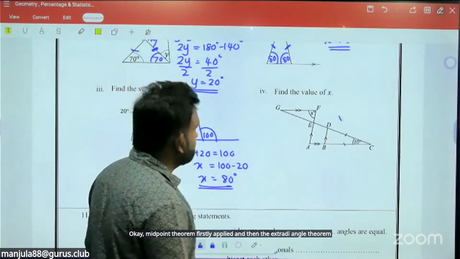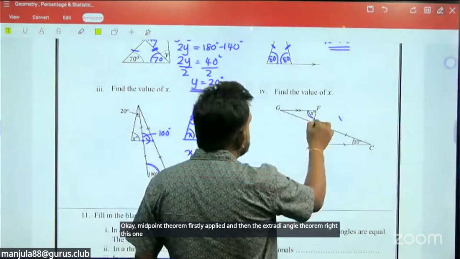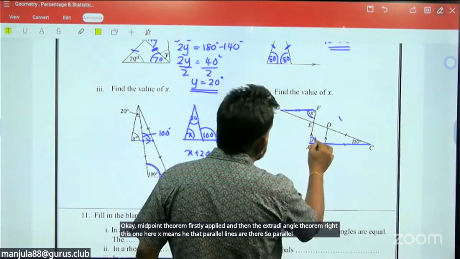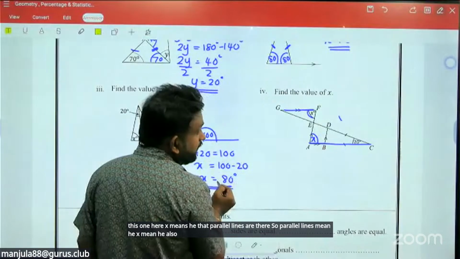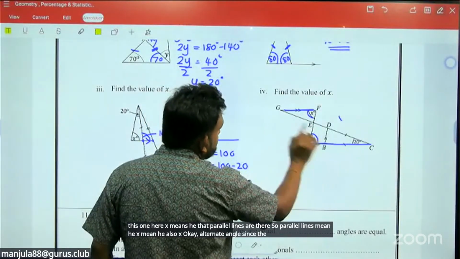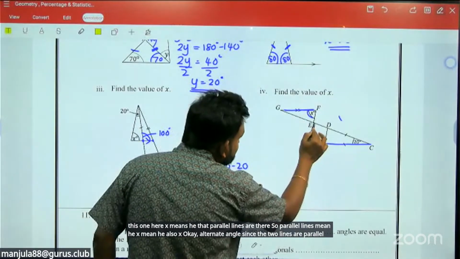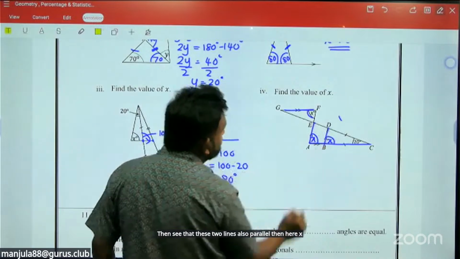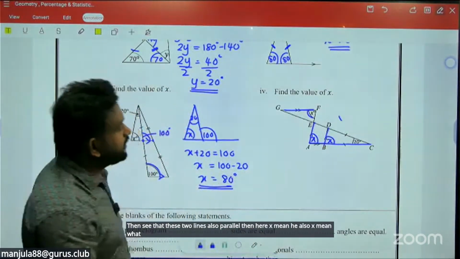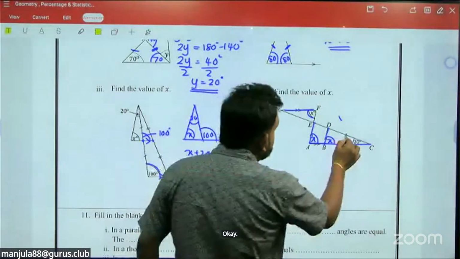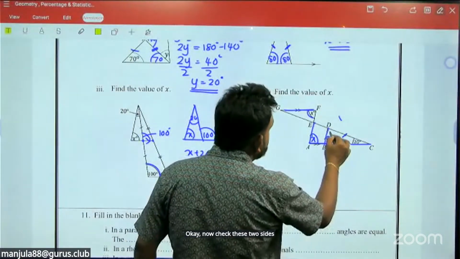Right, in this one, parallel lines are there. So here x, and here also x. Okay, alternate angles since the two lines are parallel. Then these two lines are also parallel, so here x and here also x. They are the corresponding angles. Okay, now check. These two sides are equal, so here x and here also x.